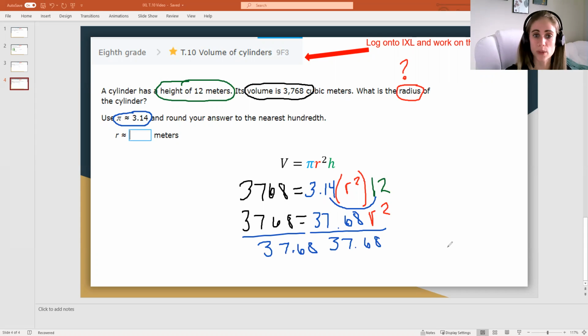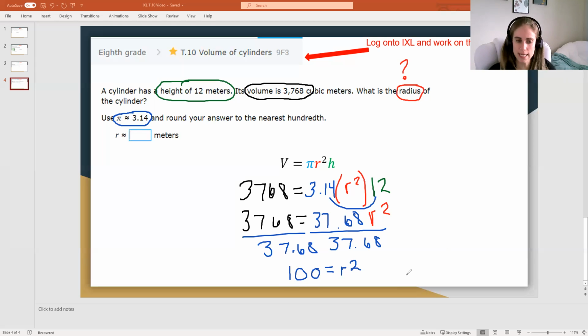And once again, when we put that in our calculator, the numerator goes first, so 3,768. Then hit the divide symbol. Now our denominator, so 37.68. We get a nice even number of 100.